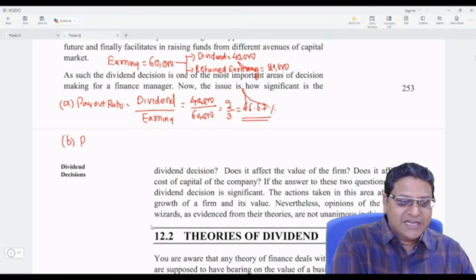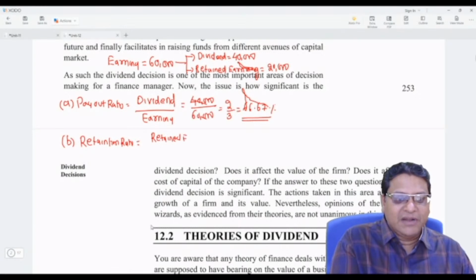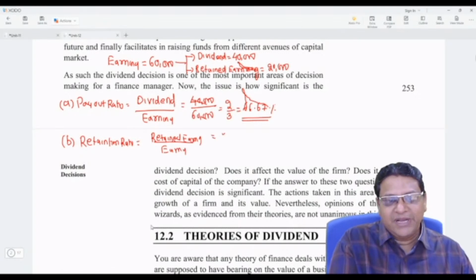And what is your retention ratio? Retention ratio is equal to retained earning by earning. Your retained earning is 20,000, earning is 60,000, so it is coming 1 by 3, that is equal to 33.33 percentage.